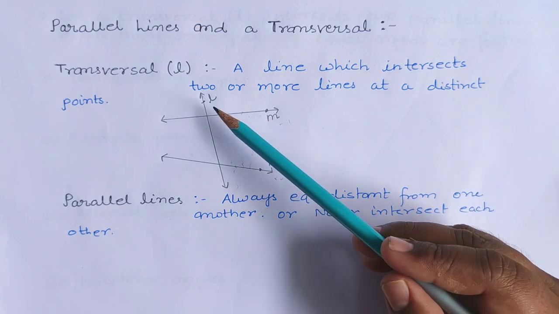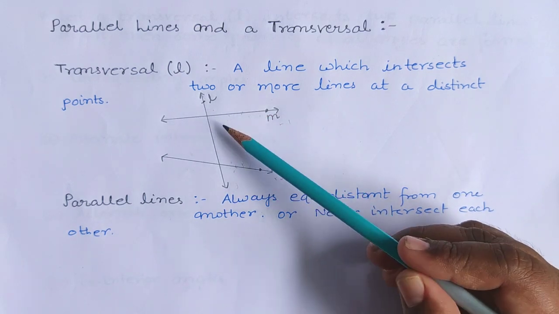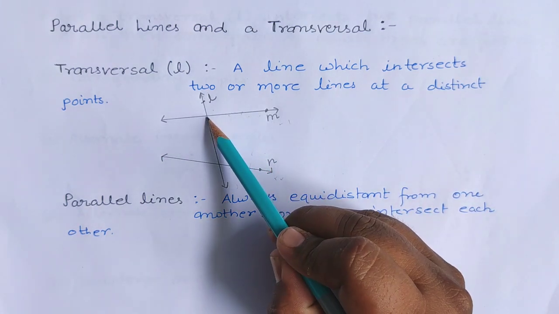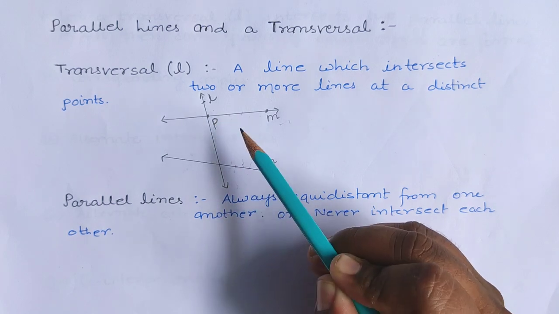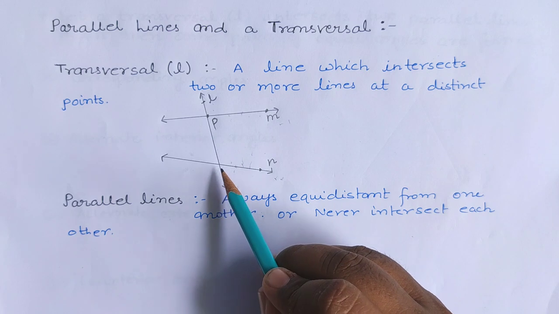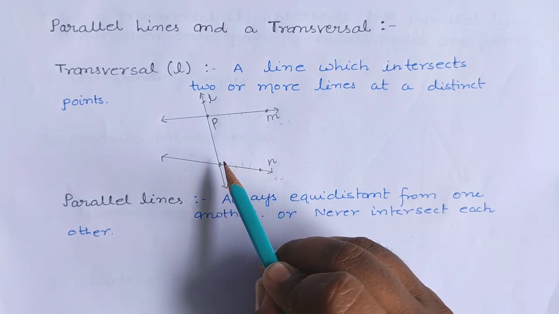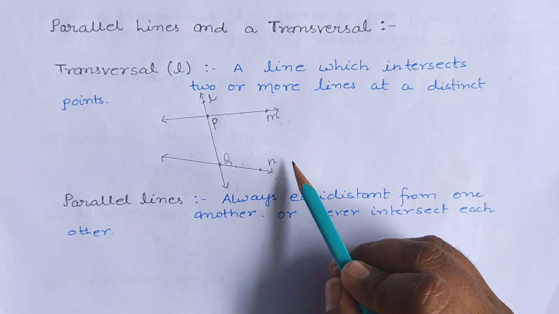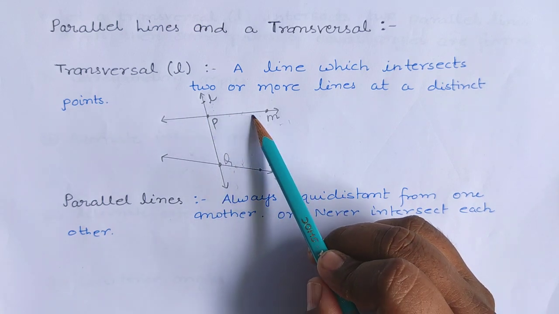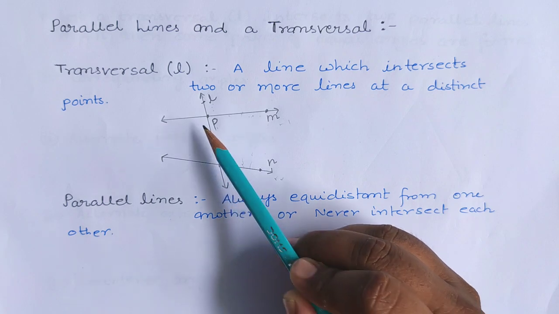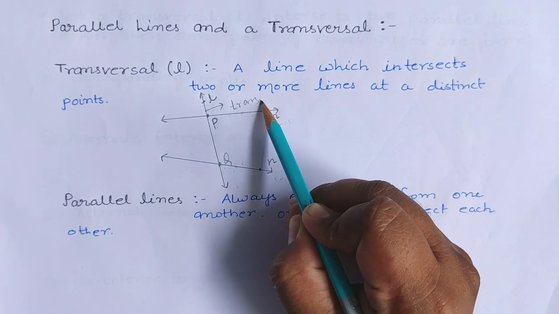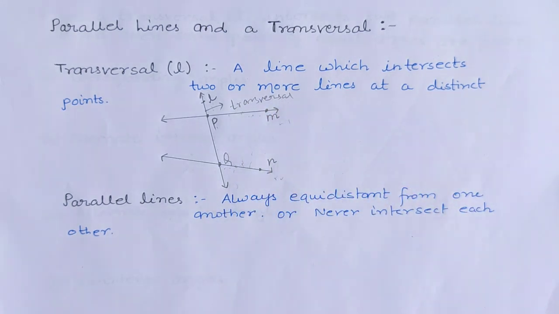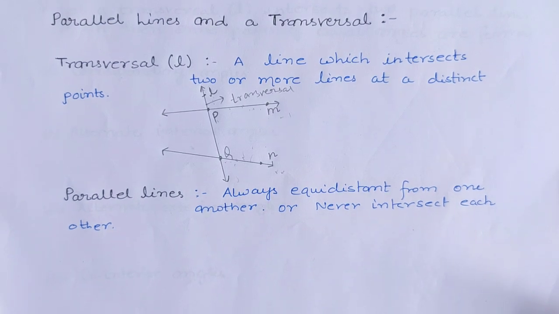Suppose this line L is intersecting line M at point P and line N at point Q. Then this line L is known as a transversal. Okay students, so you can write the definition like this and make the figure also.